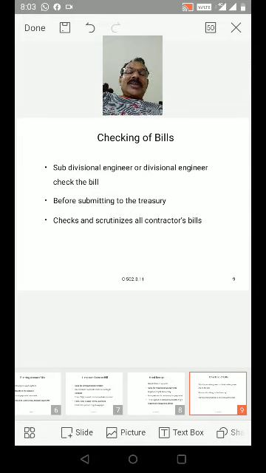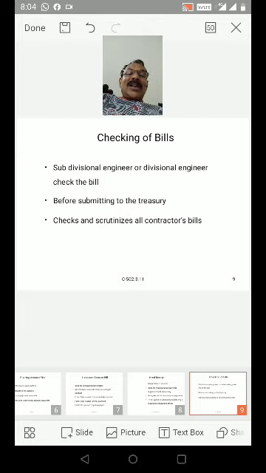The superintendent engineer heads the circle, whereas the circle is divided into a number of divisions. Each division is headed by the executive engineer, because he is a divisional engineer, the EE. Again, each division is divided into a number of subdivisions.